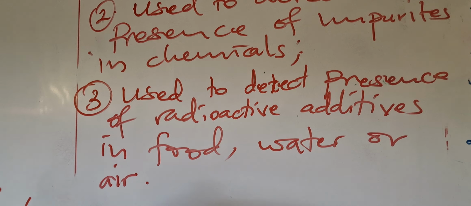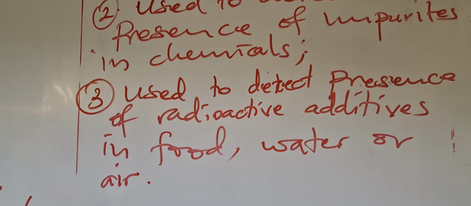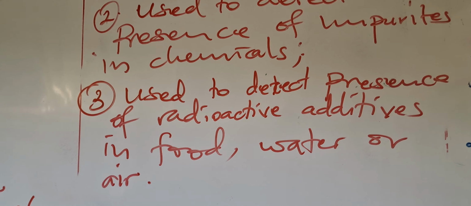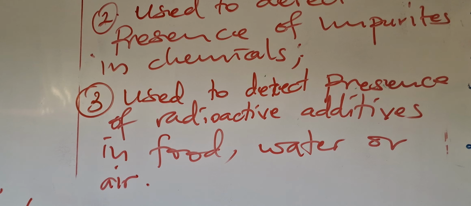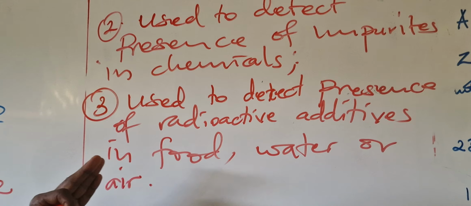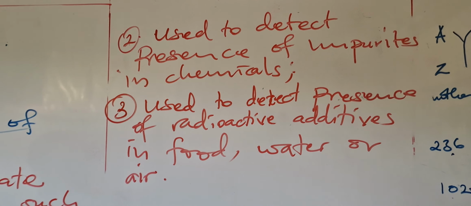Remember, most of these are taken as poisons, irreversible poisons, irreversible inhibitors, since they are heavy metals. So they always use alpha decay to detect their presence in the food before it is distributed for use.